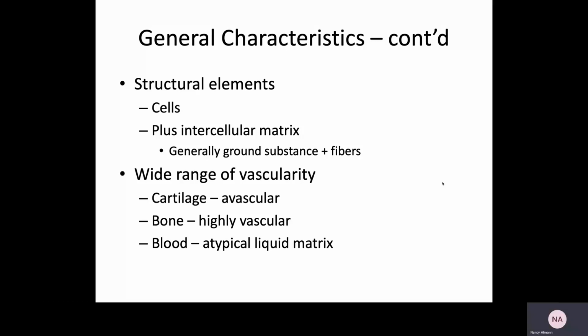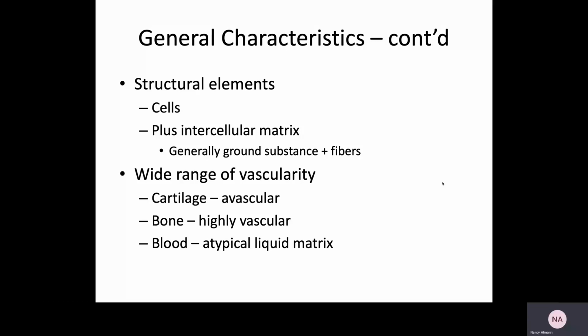Also different from epithelial tissue, which you'll recall is entirely avascular, when you talk about connective tissue, there's going to be a spectrum of vascularity, which ranges from cartilage, which is avascular. So if you ever had a cartilage injury, if you've had a damaged articular cartilage or what have you, it takes a long time to heal because everything that moves in and out has to go in and out through diffusion or osmosis.